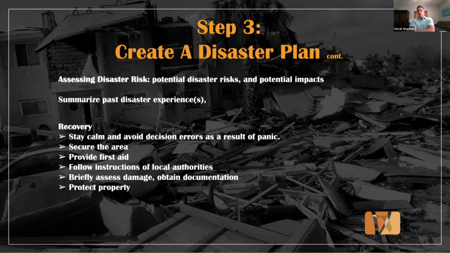So briefly assessing damage and obtaining documentation is very important, and Travis is going to touch on this in a few more slides, but basically you want to have pre and post pictures. You want to have a lot of documentation of what your facility or property looked like before the hurricane and what it looked like exactly afterwards, and how much damage was done.